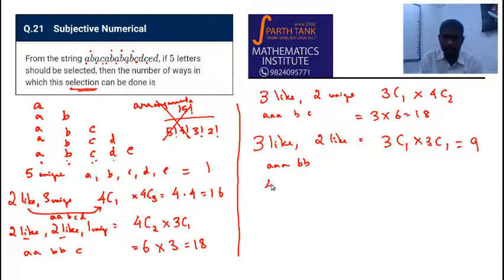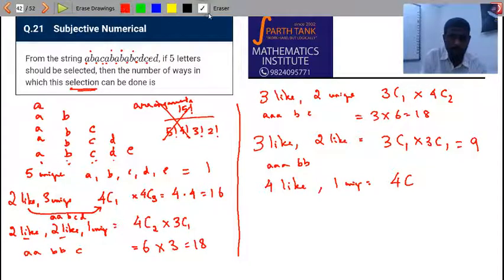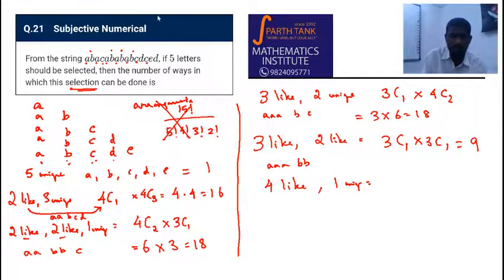So the other combination is 4 similar terms and 1 unique term. Now 4 similar terms can be obtained only from 4 A's or 4 B's, so there are only 2 ways.